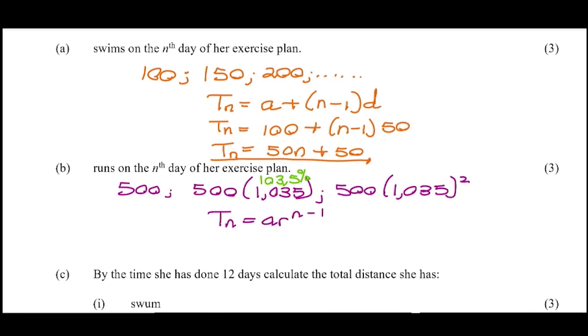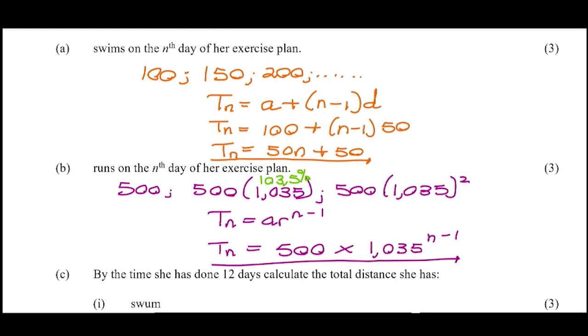So for this specific one, it's going to be 500 is our a value, times 1.035 to the n minus 1. That formula there is a formula for the distance that she runs on the nth day.